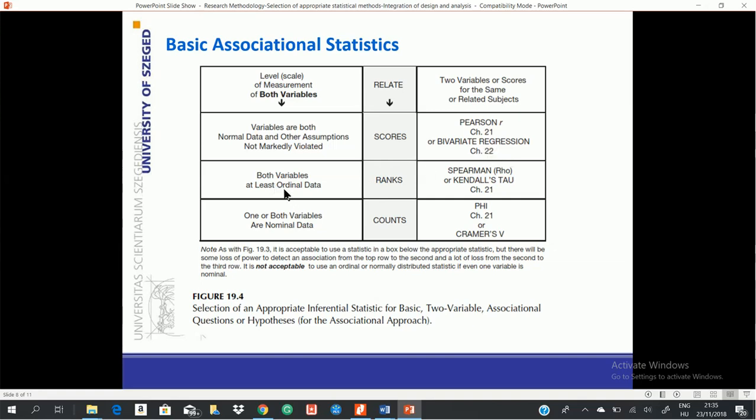If both variables are ordinal, you can do Spearman or Kendall. And if one or both variables are nominal, meaning you have nominal data, or ordinal data and nominal data, you can do phi test or Cramer's V test.